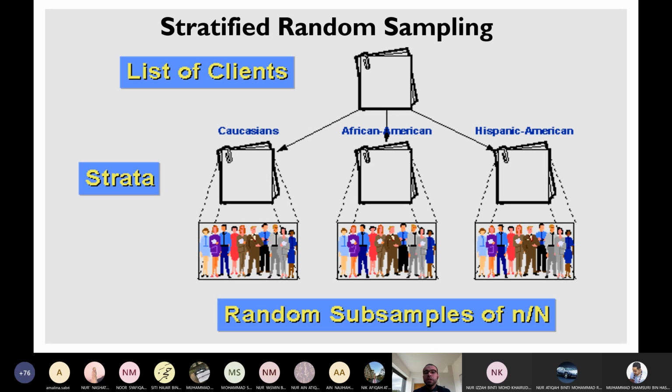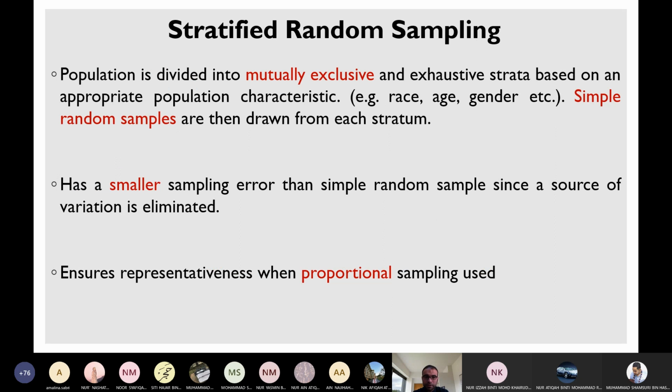The study population from the very beginning will be divided according to some particular variable of interest, sometimes gender, sometimes ethnicity, and many other characteristics that are very relevant to our research. It will be divided accordingly, and then random sampling will be done within each and every stratum. This is what we call stratified random sampling.